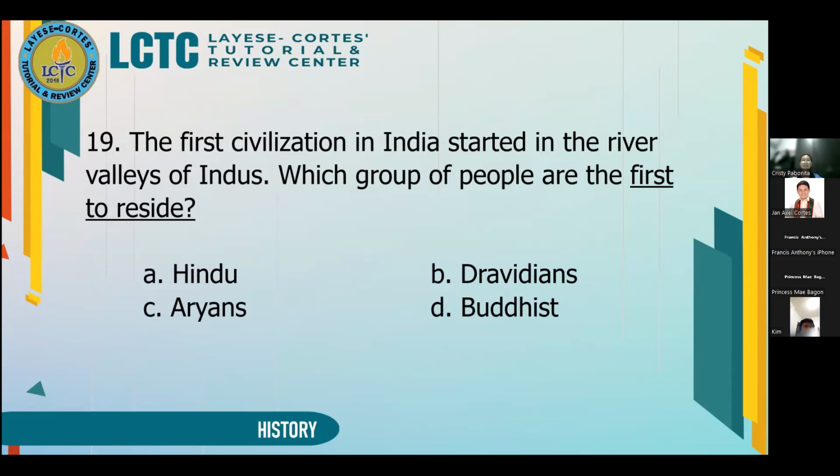Okay, so the answer for this is the Dravidians. They are the first group of people that resided in the river valleys of Indus. The Dravidians are the original inhabitants of India.